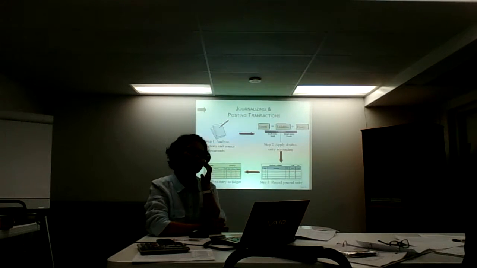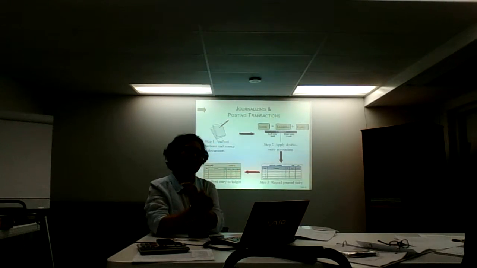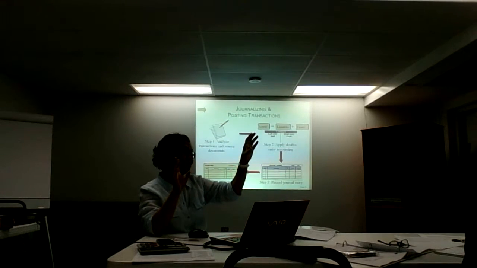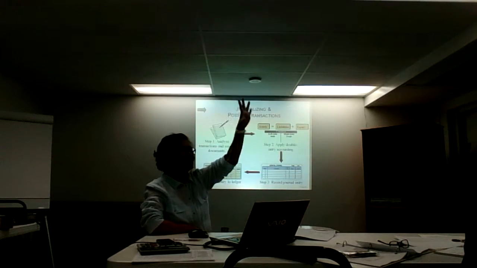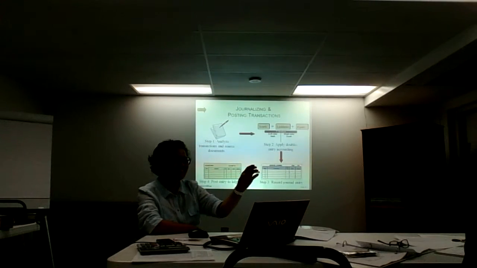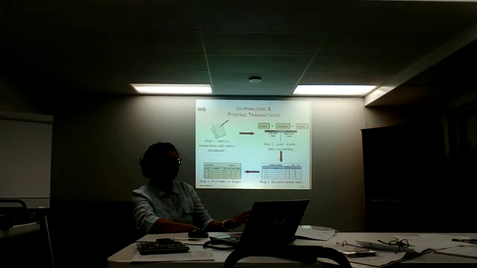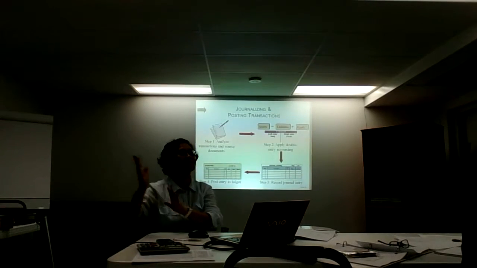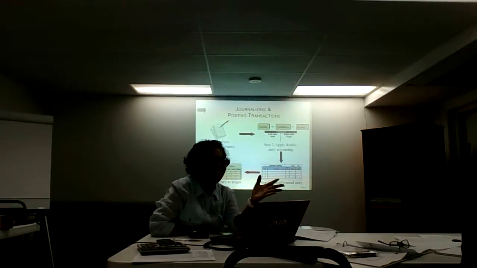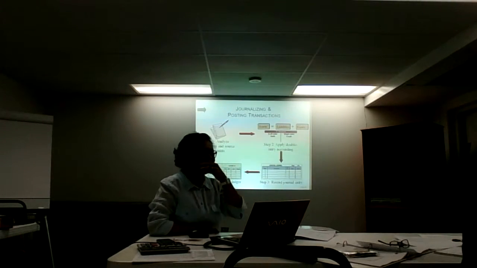Even if you use software like QuickBooks, it tells you that you want a GL code, and the GL code pops up. All ones are assets, twos liabilities, three equity, four income, five, six, seven, eight expenses. What does GL stand for? General ledger, okay?